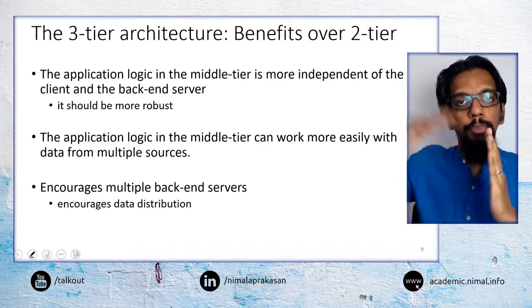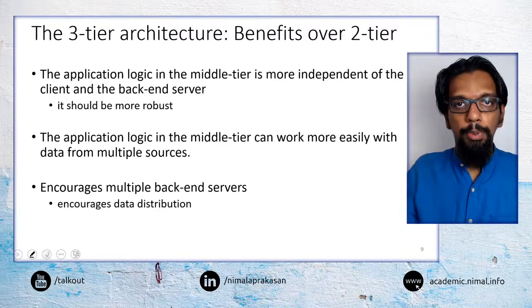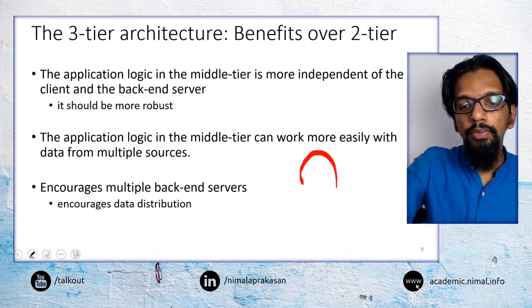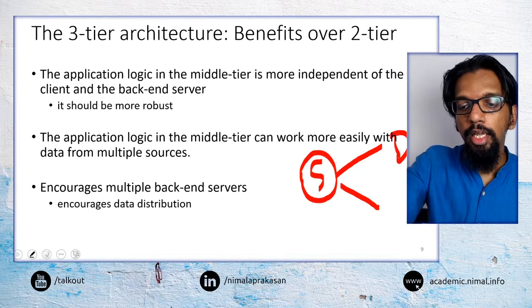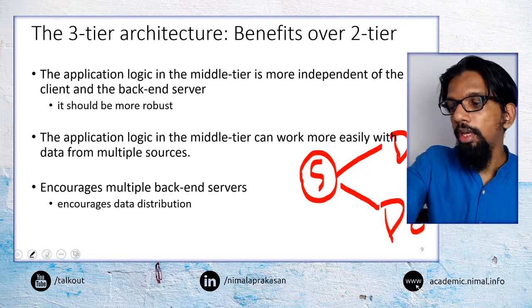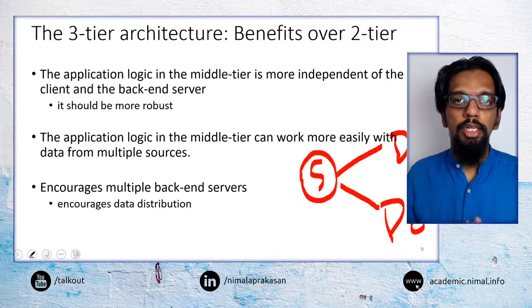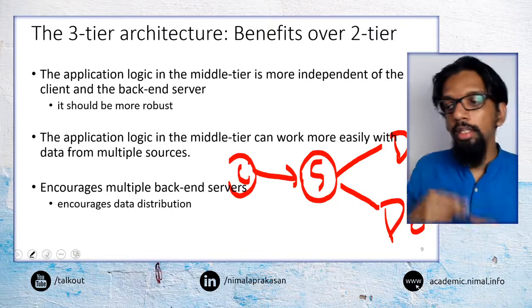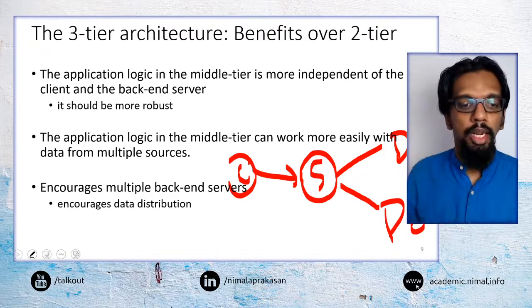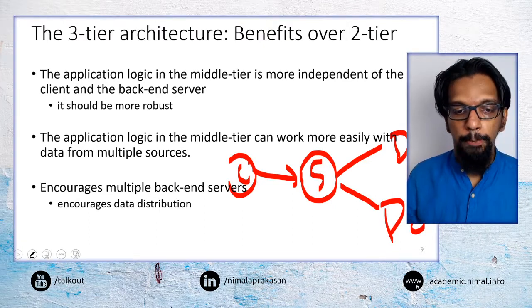But here we are splitting that aspect separately. Now we can have one main service layer, and that can access different databases. So the client will connect to the server, which will access multiple data sources as needed.